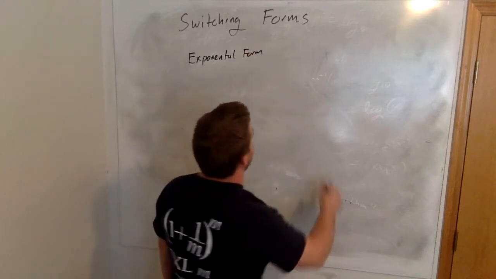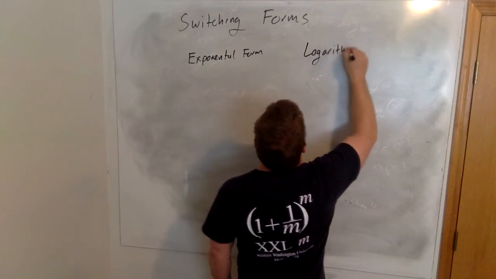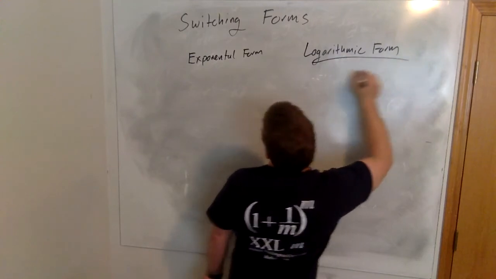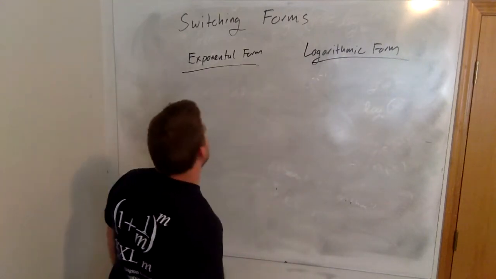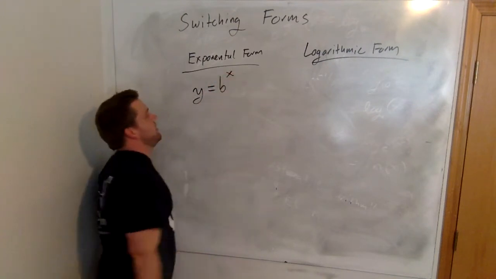And there's something that's called a logarithmic form. If something is in exponential form, it has the form y is equal to b to the x.